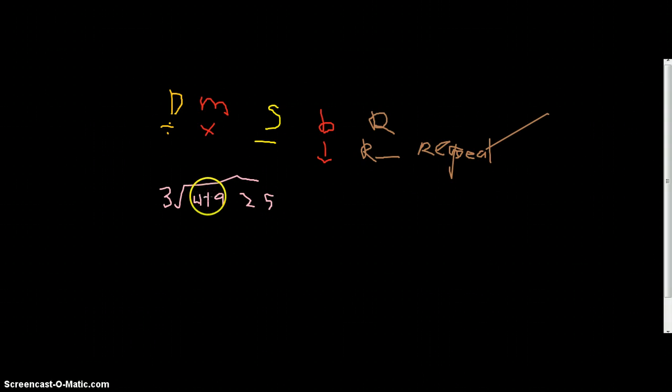Add these numbers together: 4 plus 9, 10, 11, 12, 13, 14, 15, 16, 17, 18, 19, 20. So 20. So you know it would have a remainder or not.